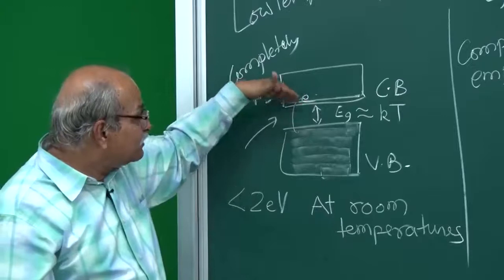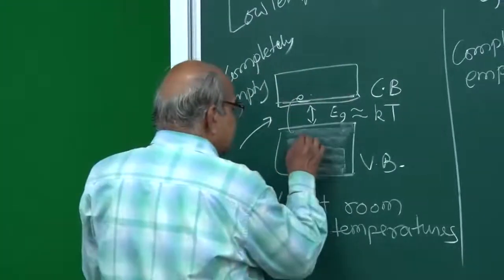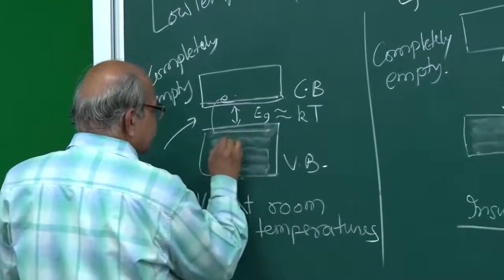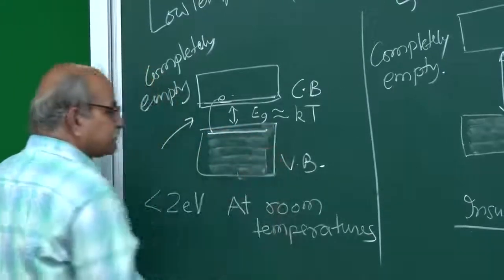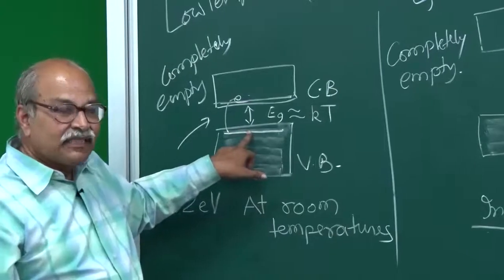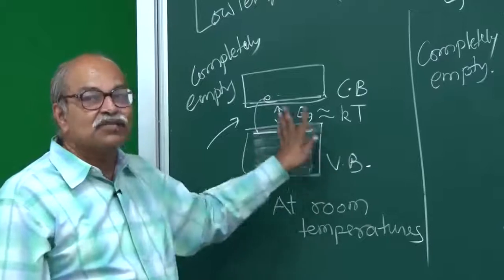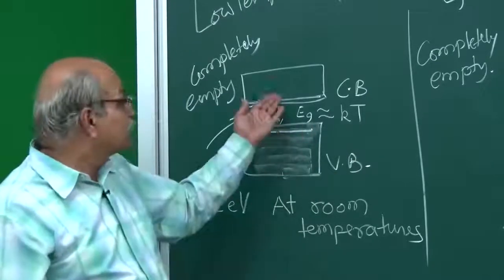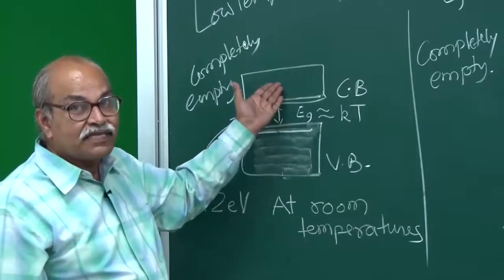So if the electrons are here and some empty quantum states are created in the valence band from which electrons have gone, then some movement of electrons of this energy is also now possible under an electric field. If you apply an electric field, of course the conduction band electrons can accept energy and go to a higher energy quantum state.